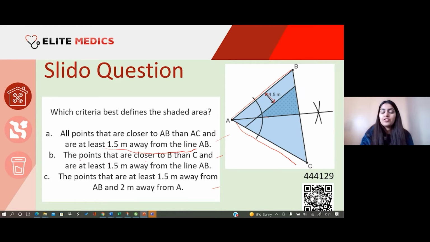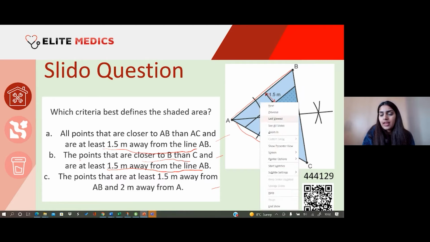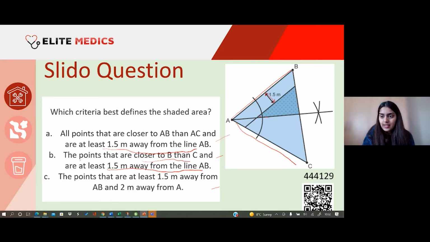The next statement says the points that are closer to B than to C and are at least 1.5 meters away from the line AB. This bit is correct, but let's have a look at the point that it's closer to B than to C. Let's take maybe this point over here. You can see that this set of points is closer to B than it is to C, and you've got this distance to be slightly larger.